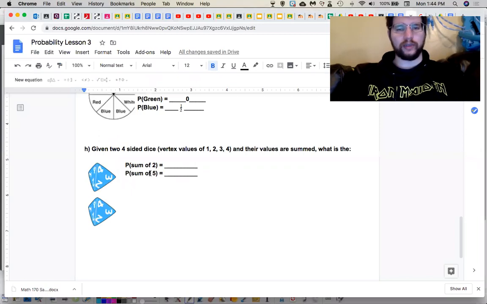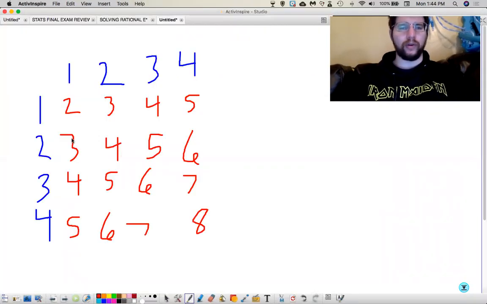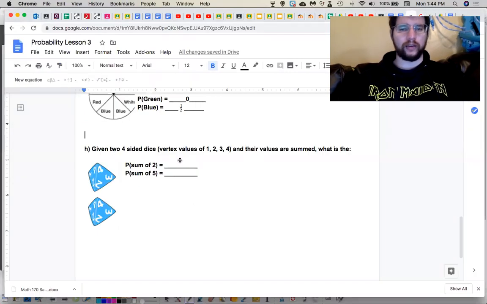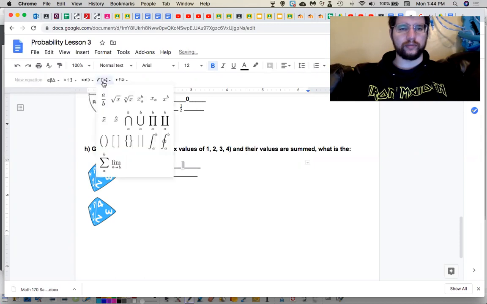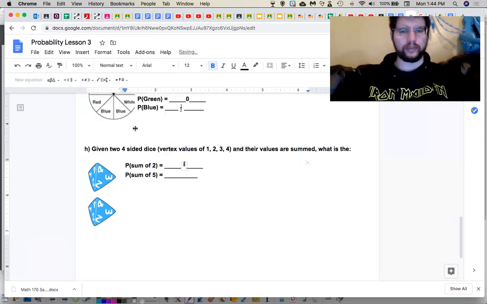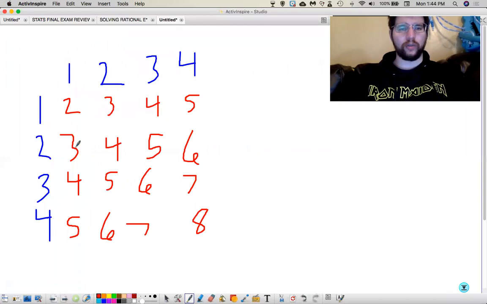So now let's look at this. What is the probability that you get a sum of 2? Well, how many times can that happen? Once. So I need a fraction on here. 1 possibility out of how many total possibilities? 4 times 4 is 16. Remember your counting rules. There's 4 possibilities in the first one, 4 possibilities in the second one.